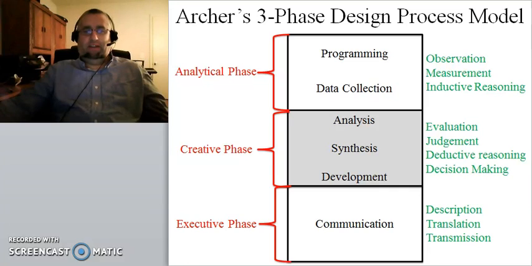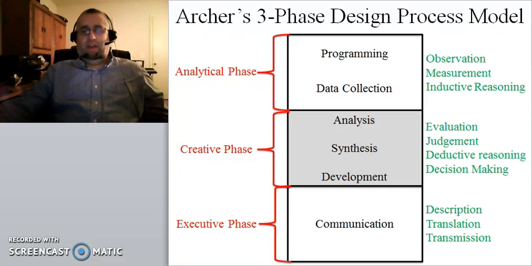So it's important to have those in place before you do anything else. Second, here in the creative phase, we have evaluation, judgment, deductive reasoning, and decision making. And again, the creative phase is the process of brainstorming all of the possible solutions that could potentially become the solution that you use to solve your particular design problem.